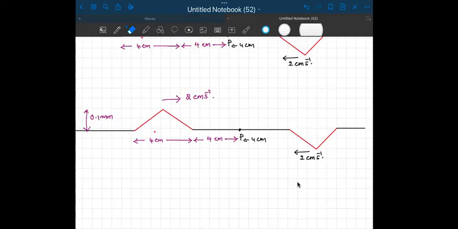So what is going to happen? Now t is equal to 1 second. This part will move by 1 centimeter, 2 centimeters, right? And similarly, same thing happens over here.